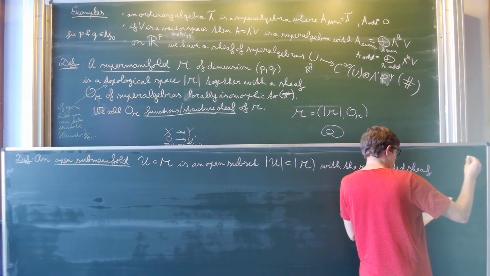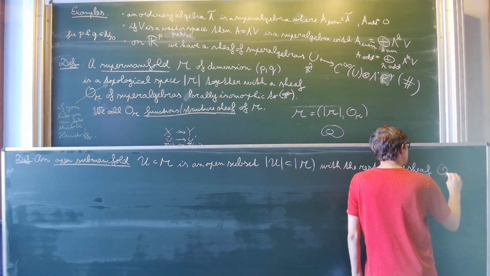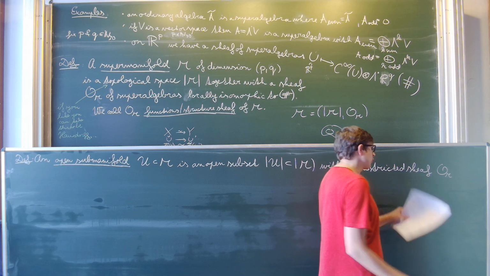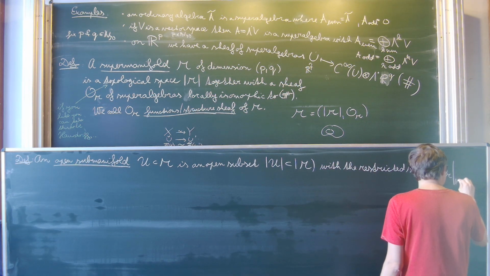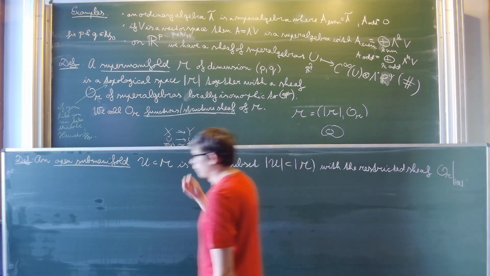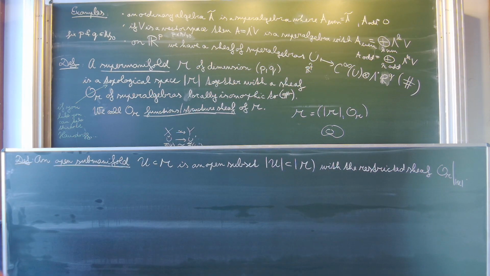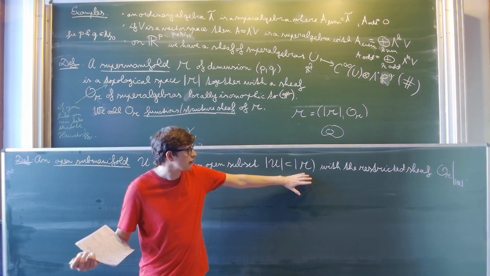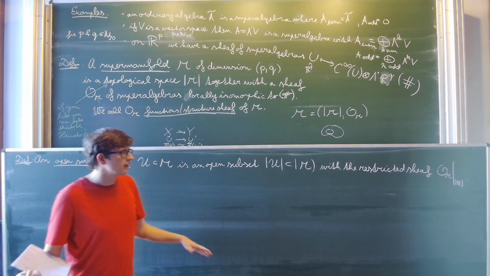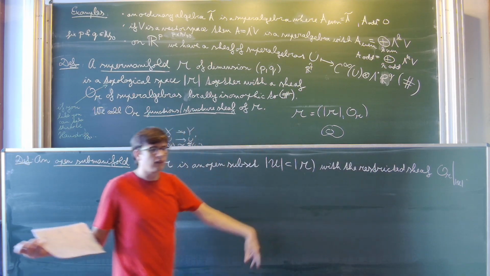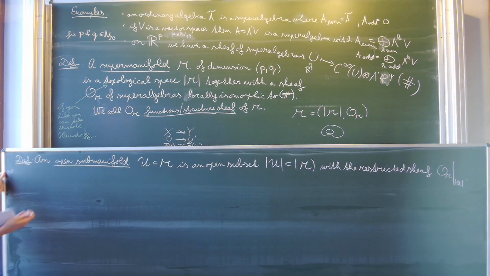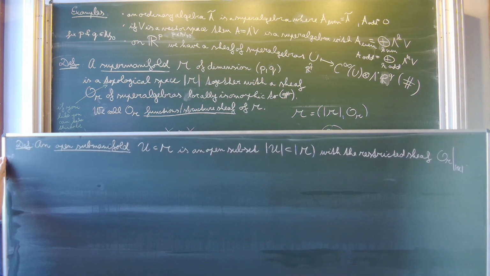So we take this sheaf O of M, which is defined over the body of M, and we restrict it over this U. The way you should read this definition is that all the interesting topology will simply be happening in the topological space. It's only there that you take a subset, and the rest you just induce.